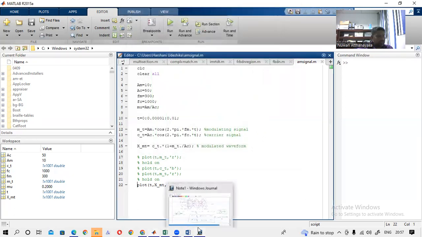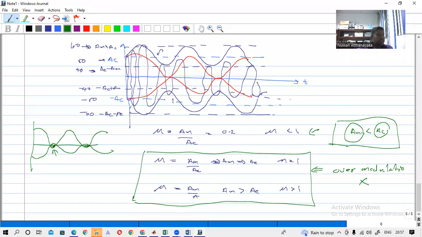I have already told you what the procedure is. If you look at this, you can see this is our carrier signal. The envelope is made using the information signal. This envelope is nothing but the information signal, but it is shifted upward. Actually, it is shifted by Ac.